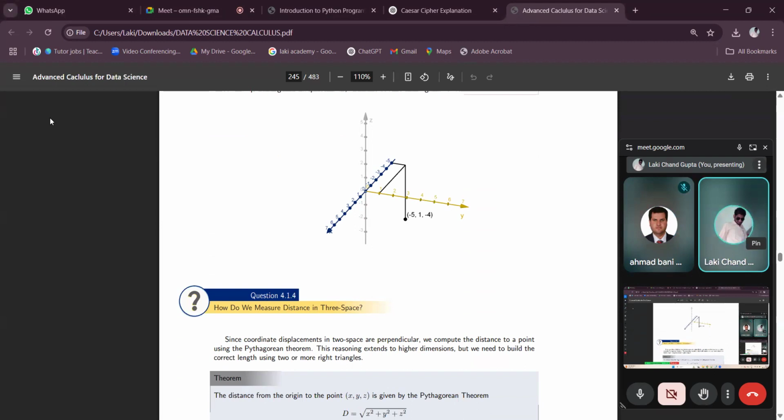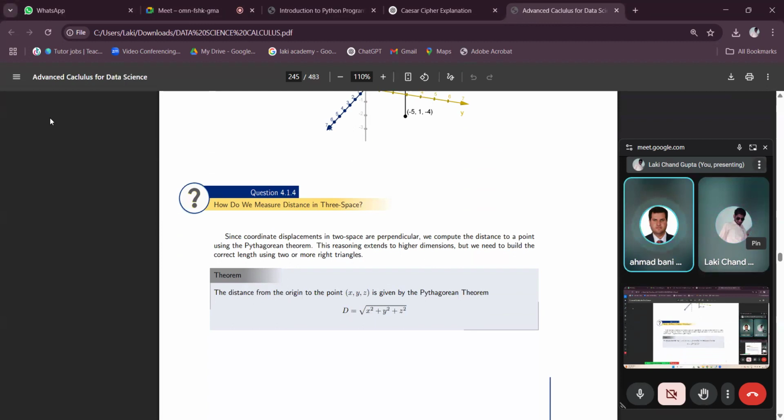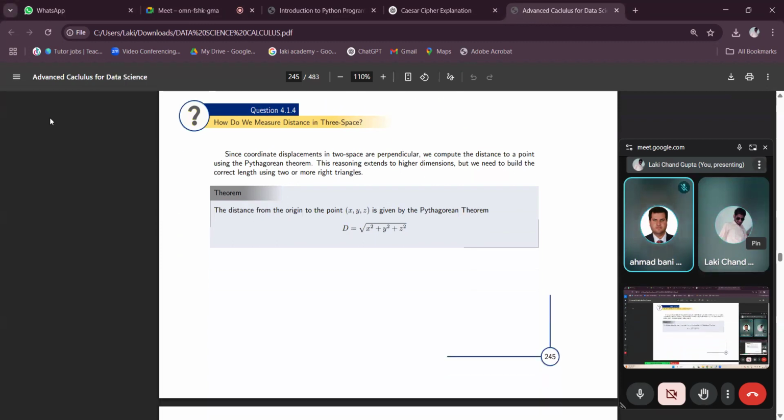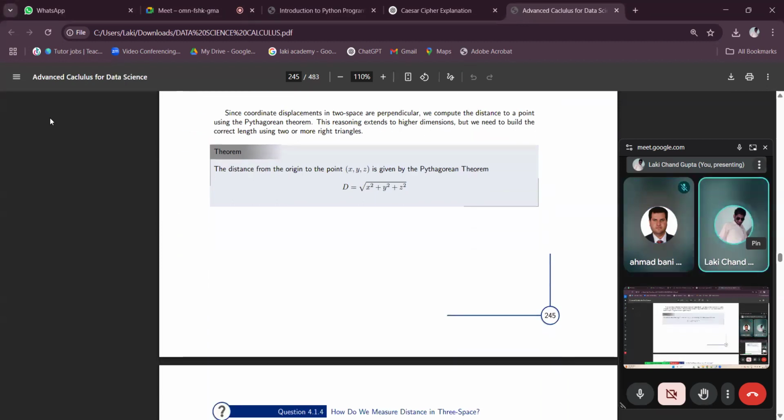It cannot be drawn on paper, because we have three dimensions. Visualizing on paper is very difficult, so you have to imagine.